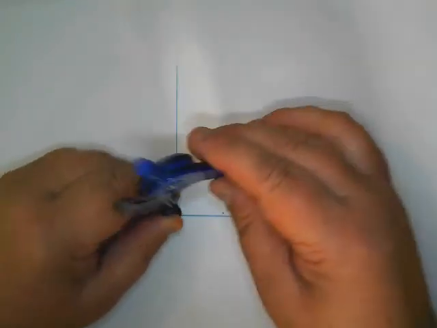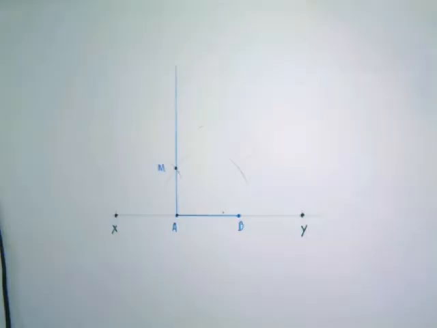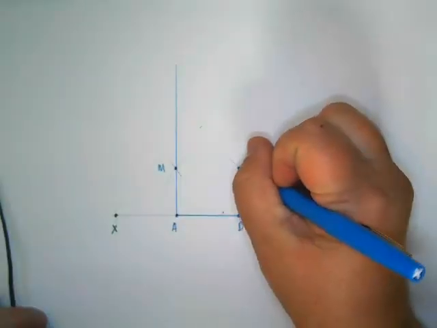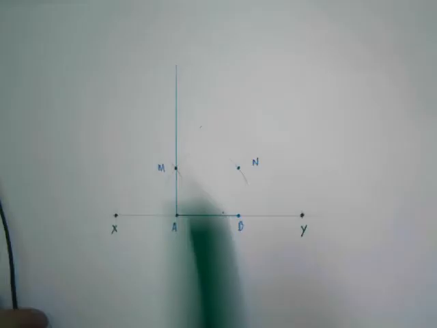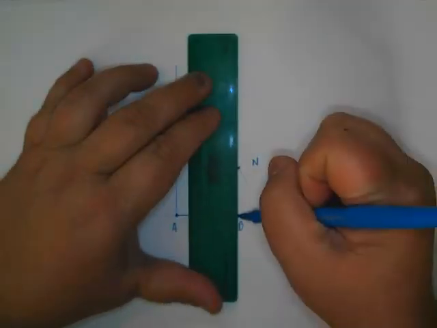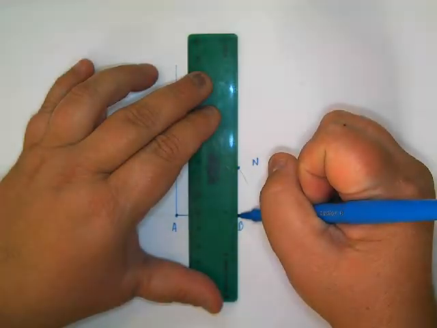Without changing the compass radius, now put it at A and create another arc. And this intersection point, I'll call N. And I will extend B through N.